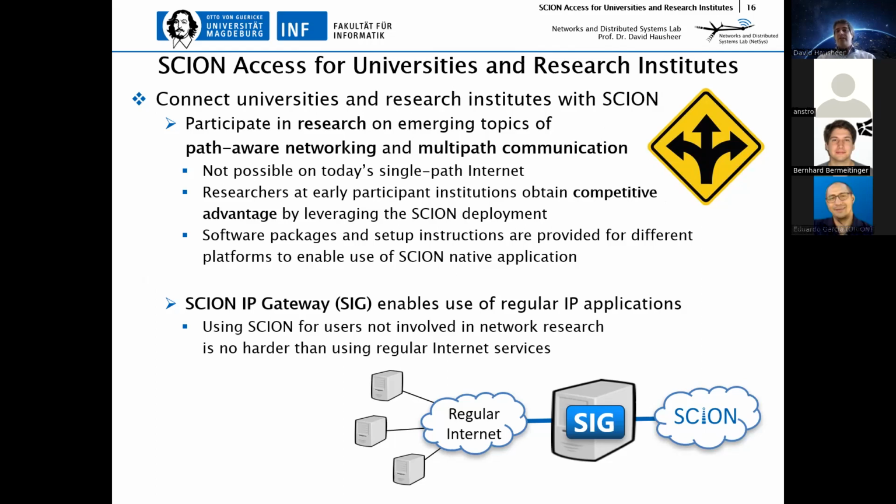Essentially, what this deployment provides you is the possibility to participate in research on those emerging topics that I mentioned in the beginning: path aware networking, that also enables especially multipath communication. This is something that is definitely not possible on today's single path internet.